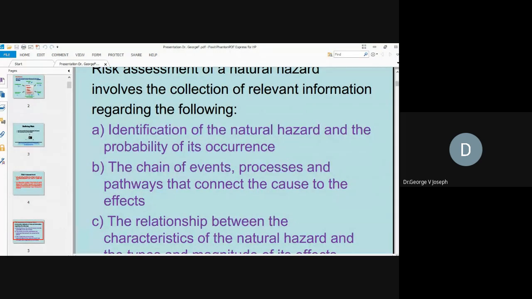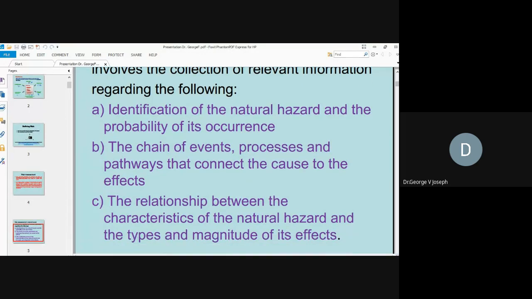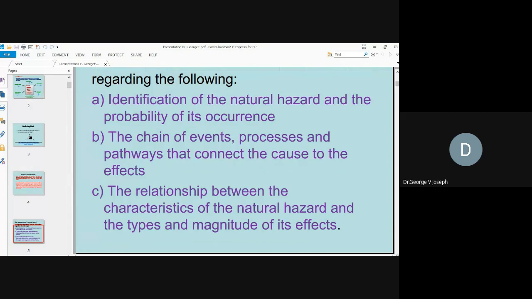Then there is the relationship between the characteristics of the natural hazard and the type and magnitude of its effect. If, for example, a flood occurs, do you have sufficient warning for that? How much time do you get before the occurrence as far as the warning is concerned?